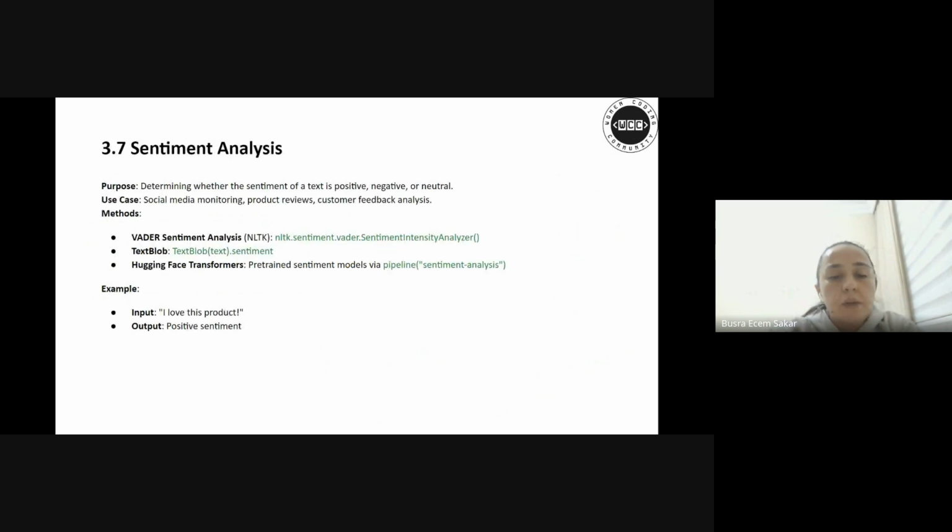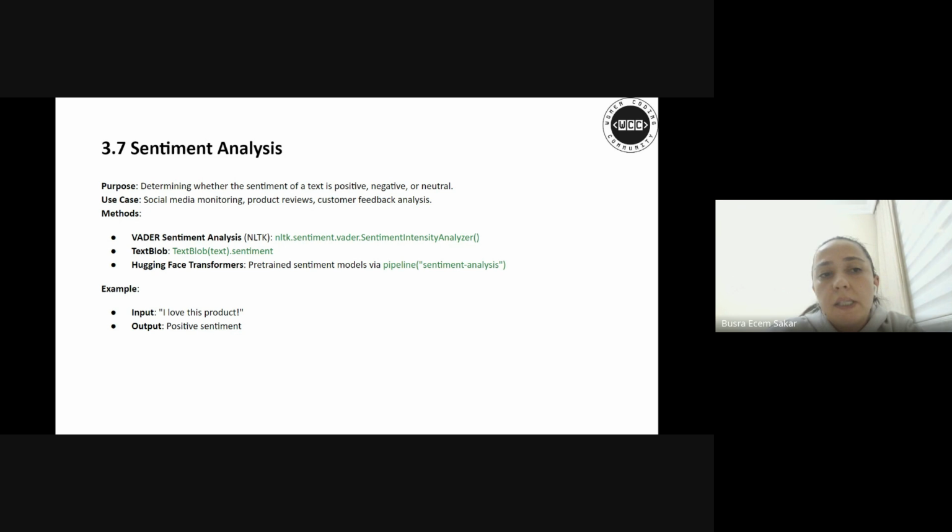And let's now turn our attention to another widely used NLP technique, sentiment analysis. The purpose of sentiment analysis is to determine whether the sentiment expressed in a piece of text is positive, negative, or neutral. This technique is incredibly valuable in various domains where understanding the emotional tone of text is crucial.